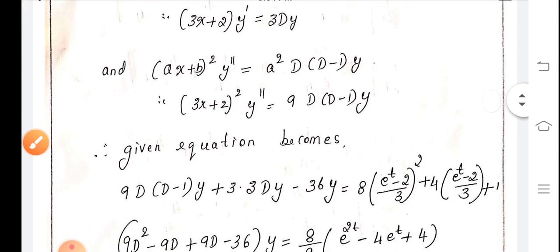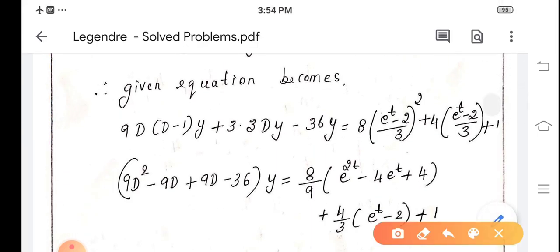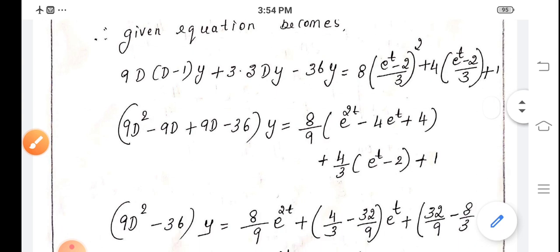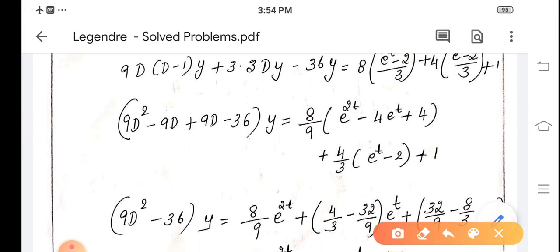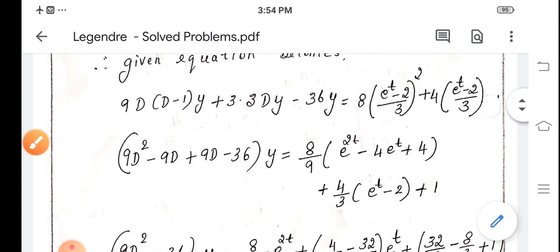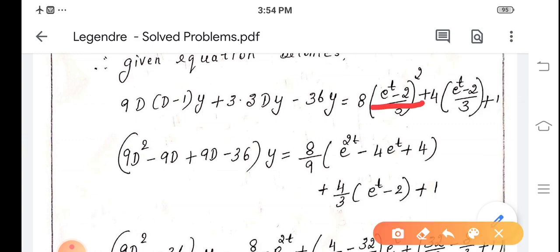So if you replace x in the right hand side, it becomes 8((e^t − 2)/3)² plus the second term 4((e^t − 2)/3) plus 1. When you simplify this, in the left hand side we get (9D² − 9D + 9D − 36) y, equal to, in the right hand side, the first term 8/9 (e^t − 2)².